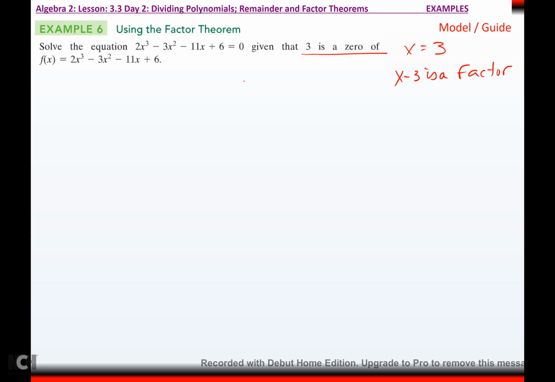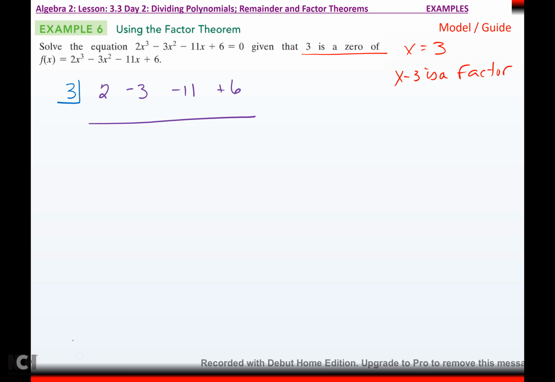You could do long division if you wanted to. I'm going to do synthetic because it's shorter. If you're going to do synthetic, you put 3 in the hole. Your coefficients of the polynomial are 2, negative 3, negative 11, and positive 6.